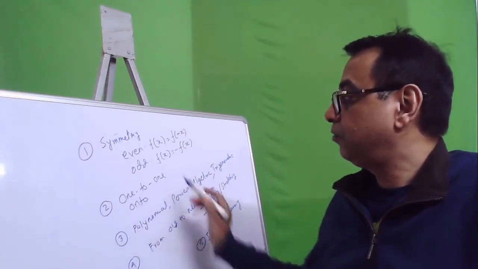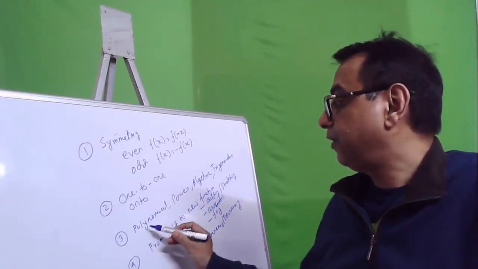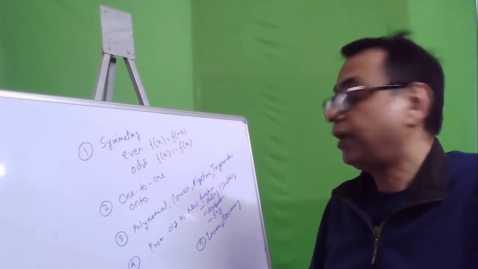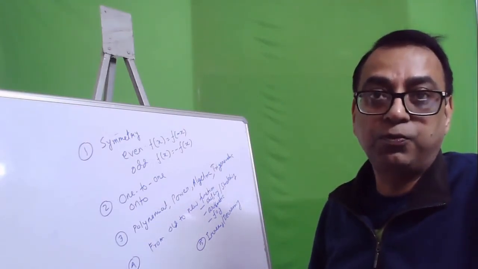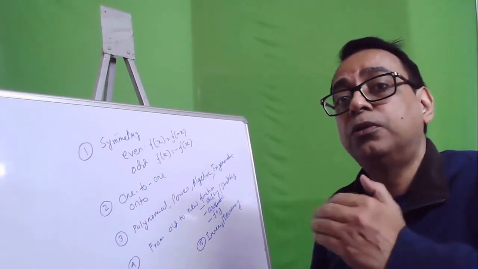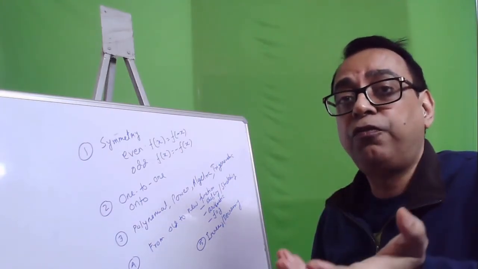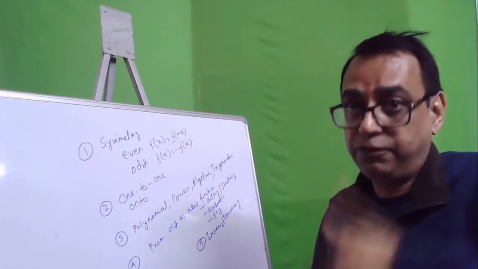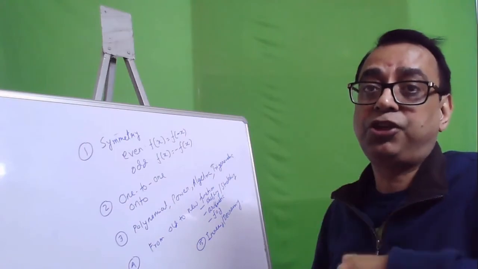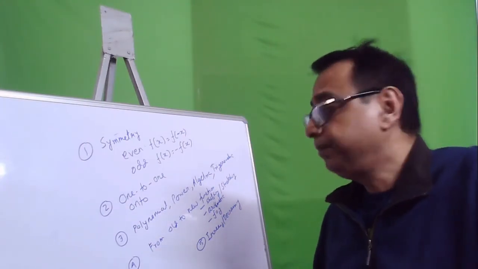Then we discussed one-to-one function and onto function. Then we discussed different kinds of functions that frequently come up: polynomial, power function, algebraic, trigonometric, logarithmic, exponential, and things like that. Then we also discussed how to transform an old function into a new function by shifting horizontally, vertically, left, right, and by stretching and compressing horizontally and vertically.